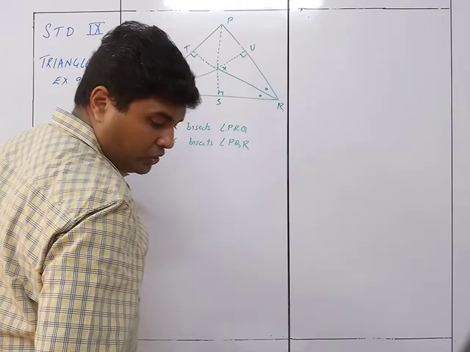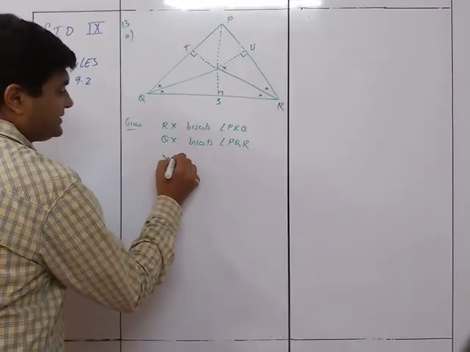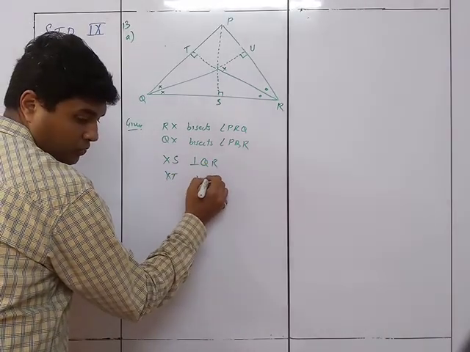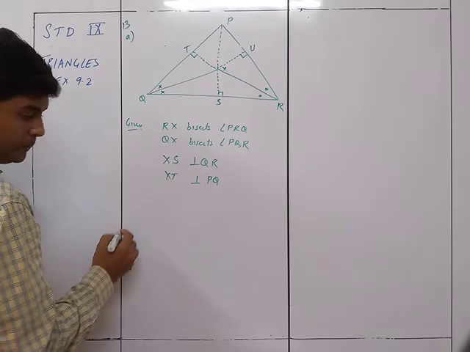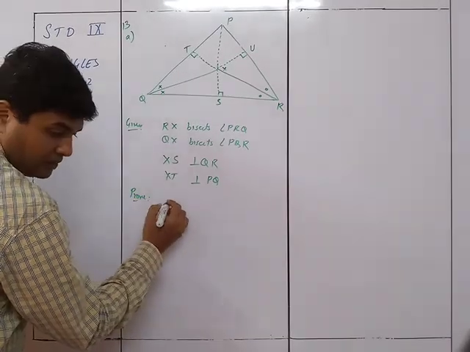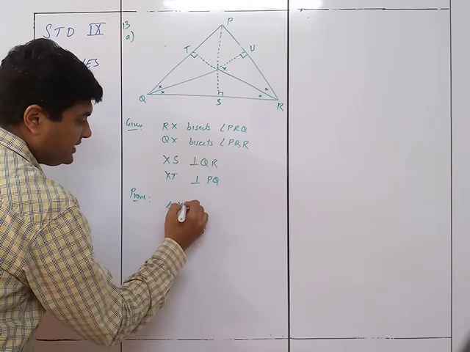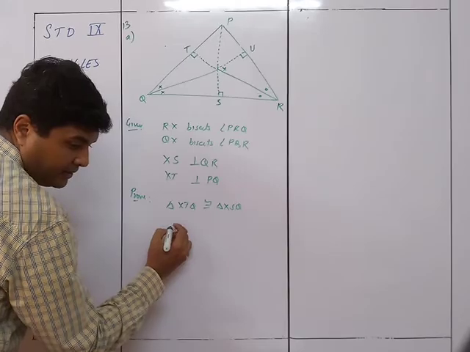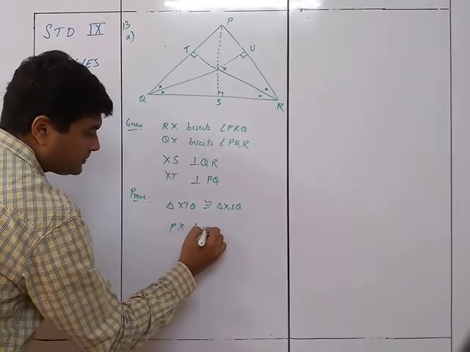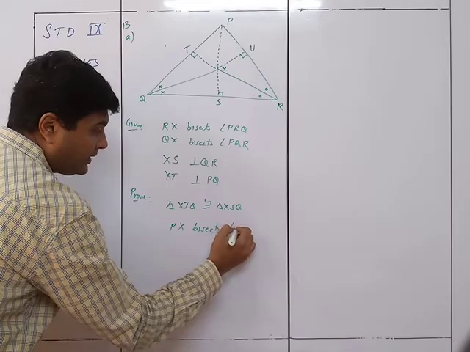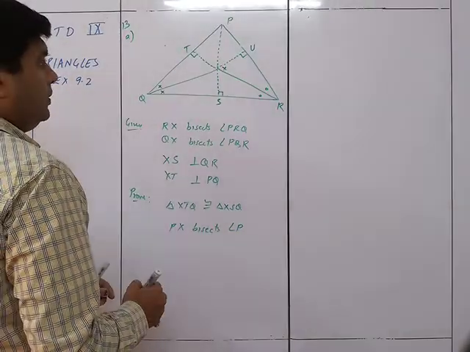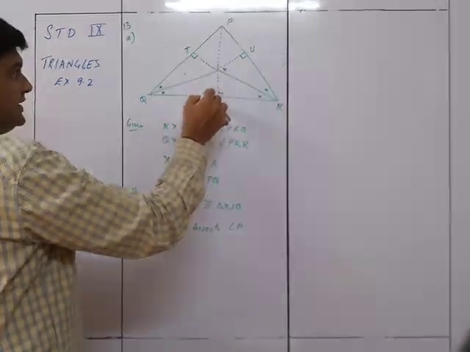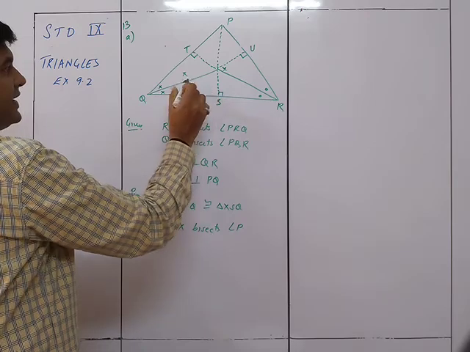XS is perpendicular to QR and XT is perpendicular to PQ. You have to prove that triangle XTQ is congruent to triangle XSQ and PX bisects angle P. This triangle XTQ and this triangle XSQ, I need to prove that they are congruent.